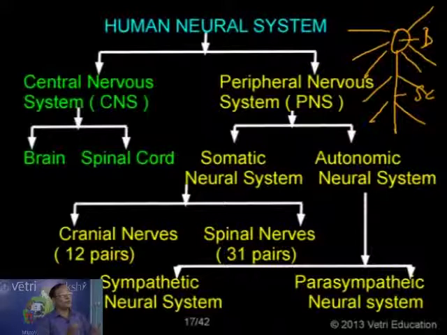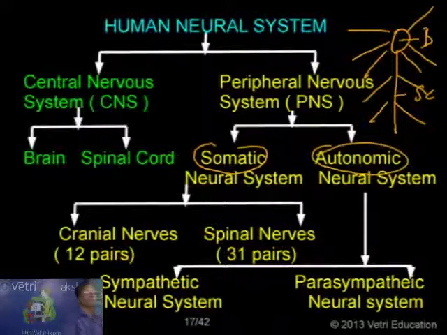As they move towards the peripheral regions of the body to do the activities, they are called together the peripheral nervous system. As a general rule, the peripheral nervous system includes the somatic neural system and the autonomic nervous system.